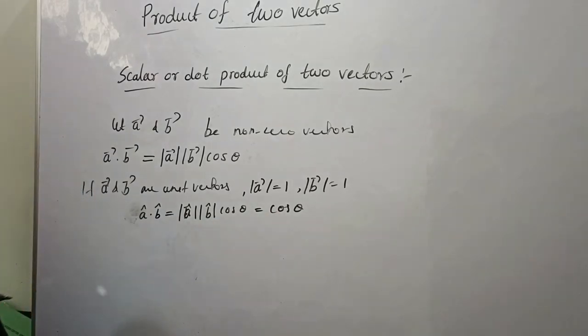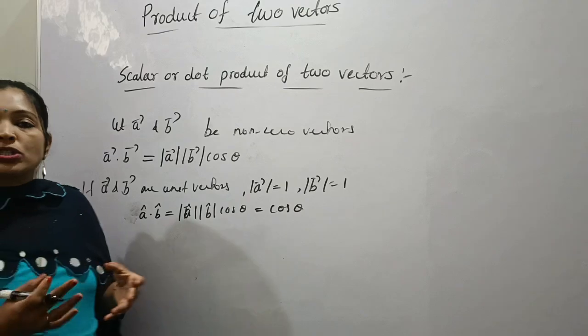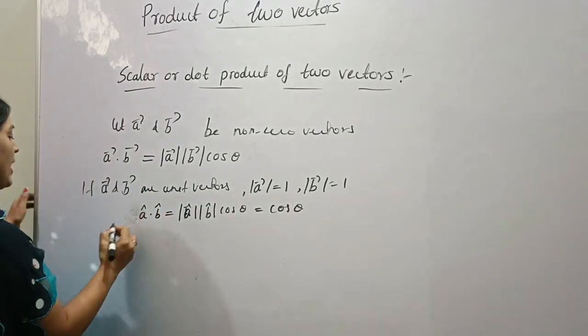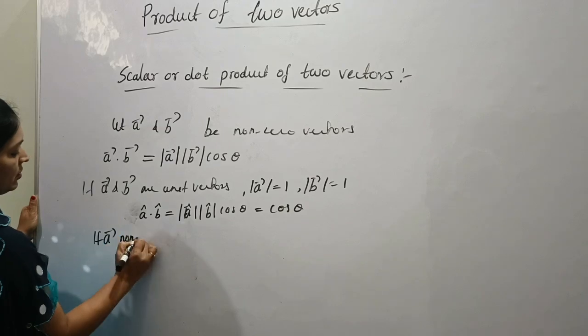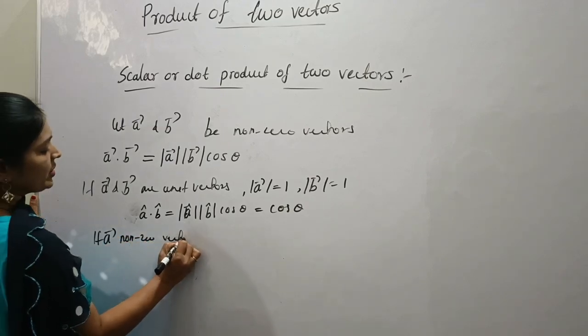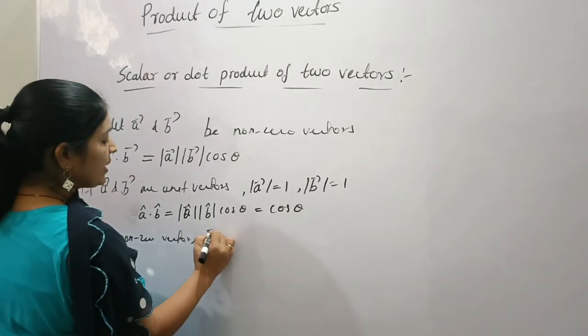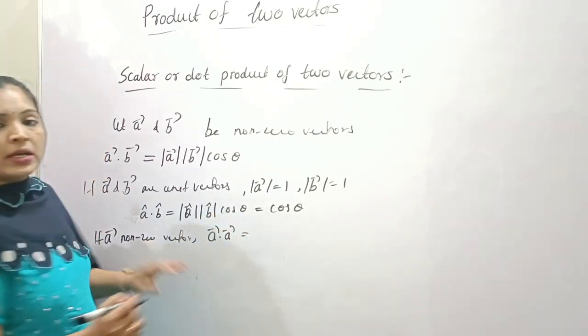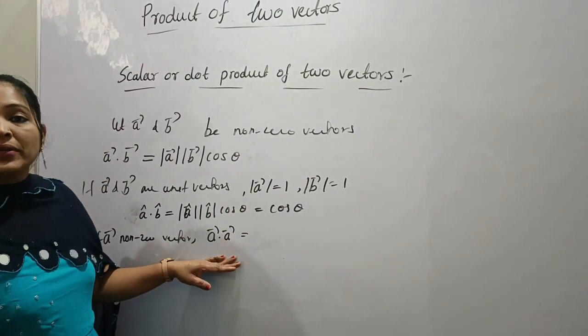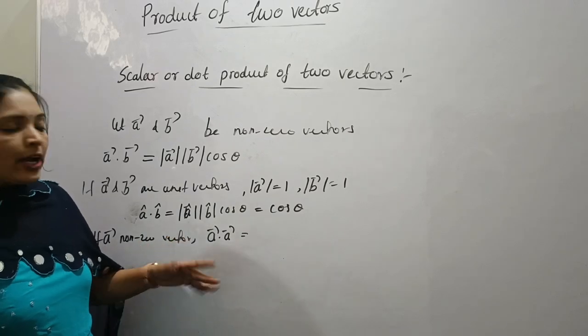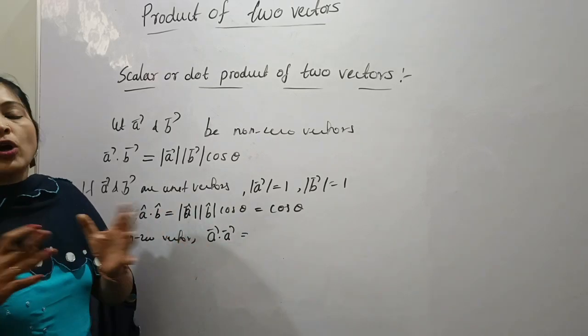Now, what is vector A dot vector A, if vector A is a non-zero vector? So what is the angle? 0, right? The angle between them is 0. That is vector A dot the same vector.